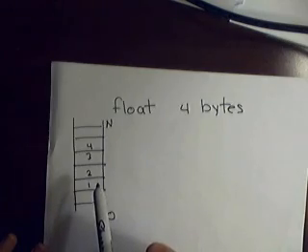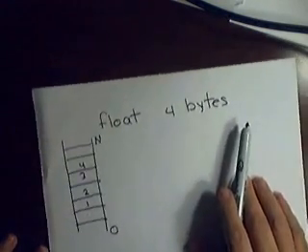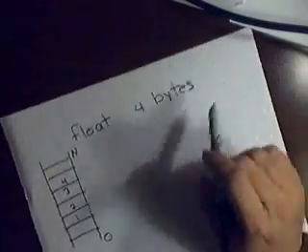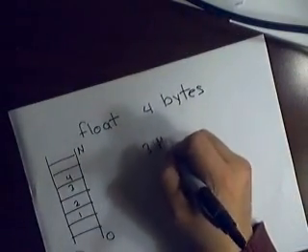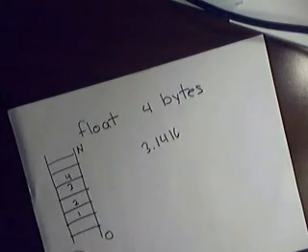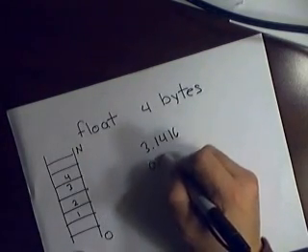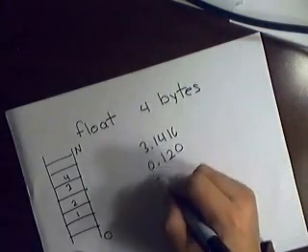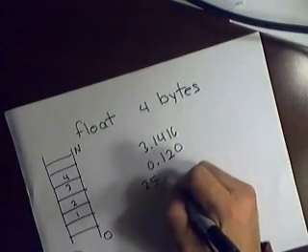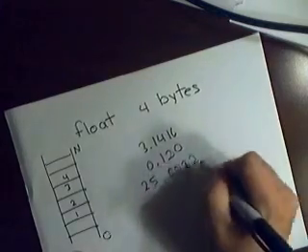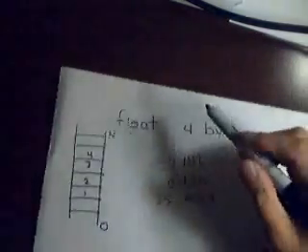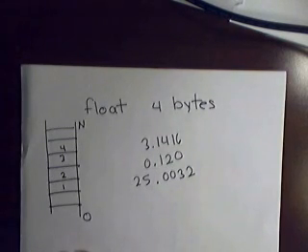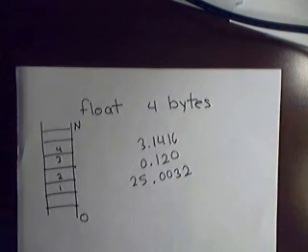And in this case, how do we represent floating point numbers? Examples of floating point numbers are 3.1416, 0.210, 25.0032, etc. A floating point number is characterized by having an integer part and a decimal part. So how do we represent this?